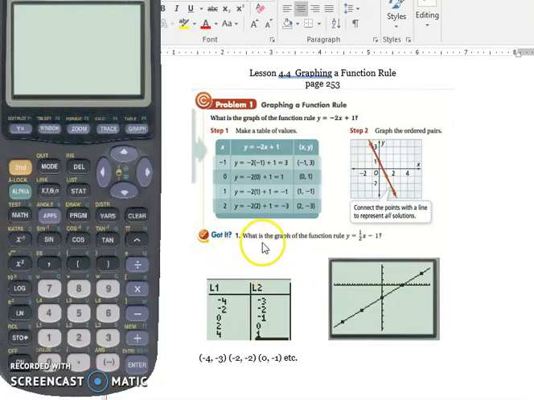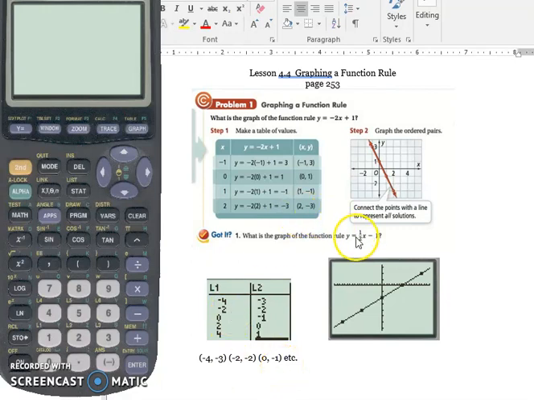Okay, so the Got It says, what is the graph of the function rule y equals 1/2 x minus 1? Here I actually like to put these in the calculator just to show you that you can do it without. So I just used a couple of negatives, 0, and a couple of positive numbers, which gave me the points.